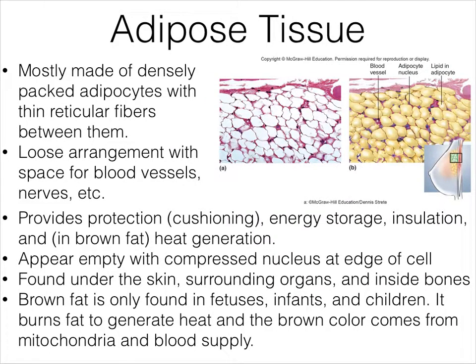Last, and it's a little bit unclear whether you would call this a dense connective tissue or a loose connective tissue or a special connective tissue. I'm calling it a loose fibrous connective tissue for our purposes, and it's adipose tissue, right?